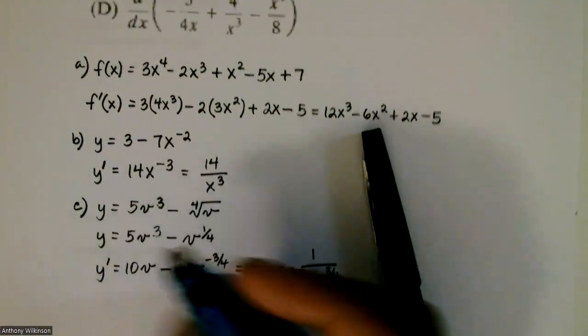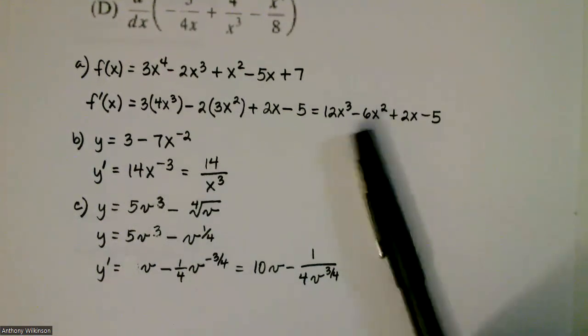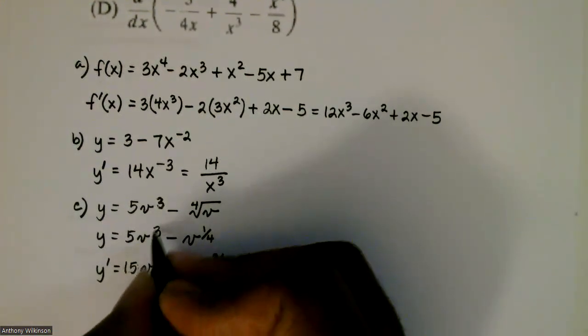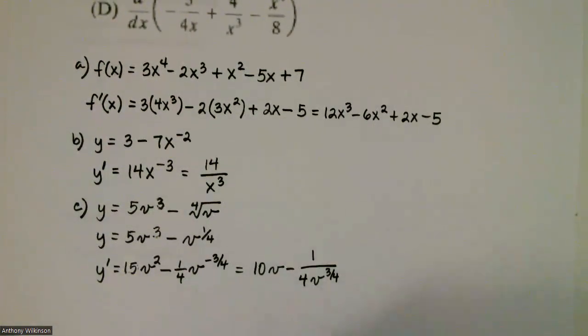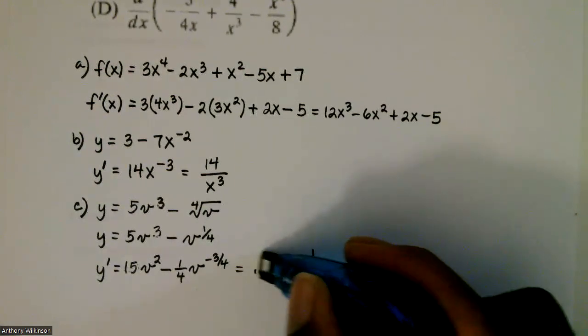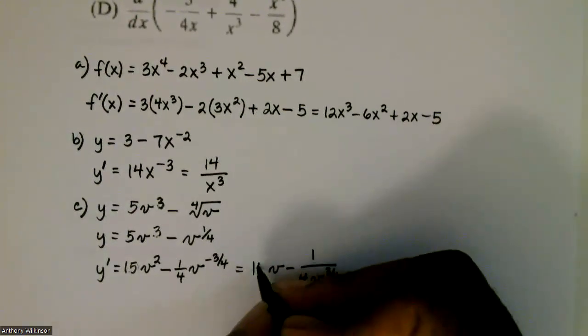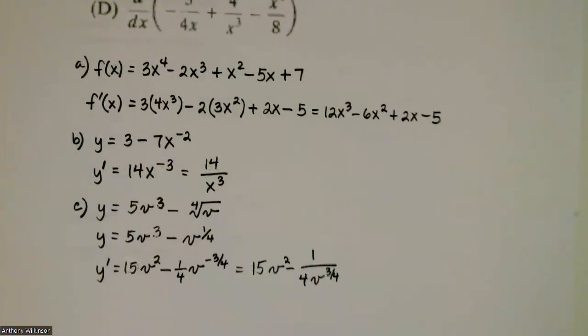That'd be 3 times the 5, which will actually give you 15. So it's 15, and v to the one less power would be v squared. And then in this case here, this will be 15v squared minus 1/4 v to the 3/4.